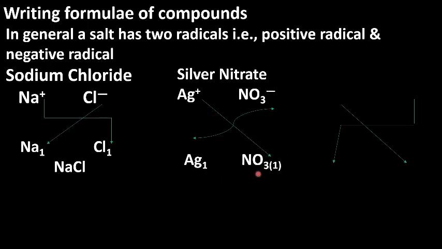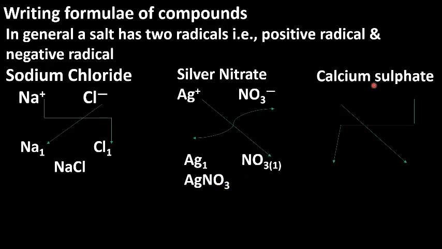So Ag1, (NO3)1. See here it is mentioned in brackets. If you do not keep this bracket, the number is understood as 31, that is, it is understood as 1 nitrogen atom and 31 oxygen atoms, which is not correct. That's why we have to keep the bracket. Anyhow, because it is 1, this 1 can be neglected while writing the formula. So the formula of silver nitrate is AgNO3.